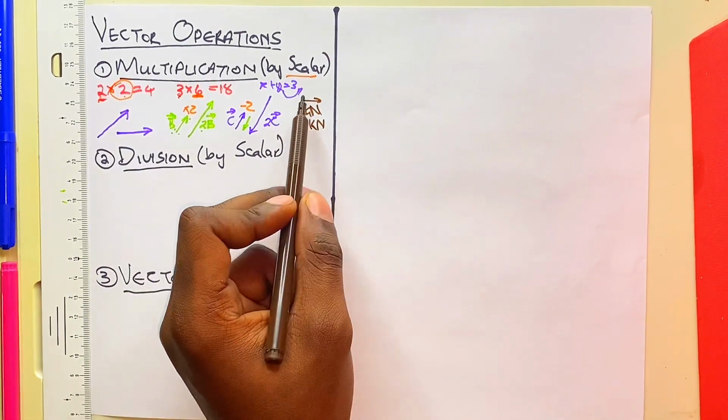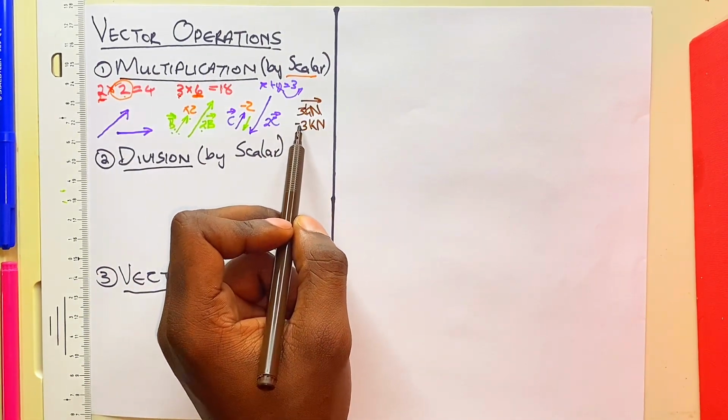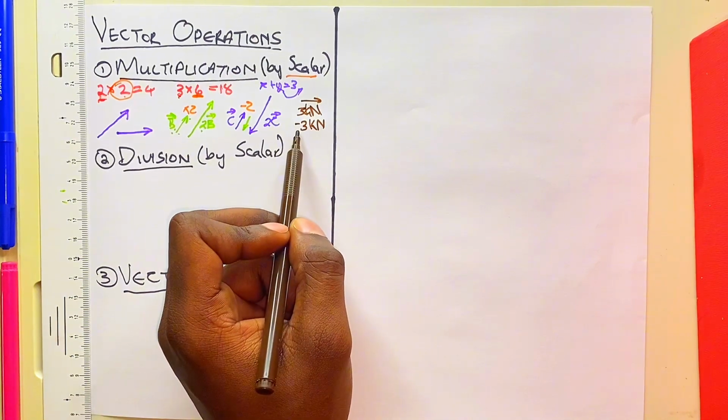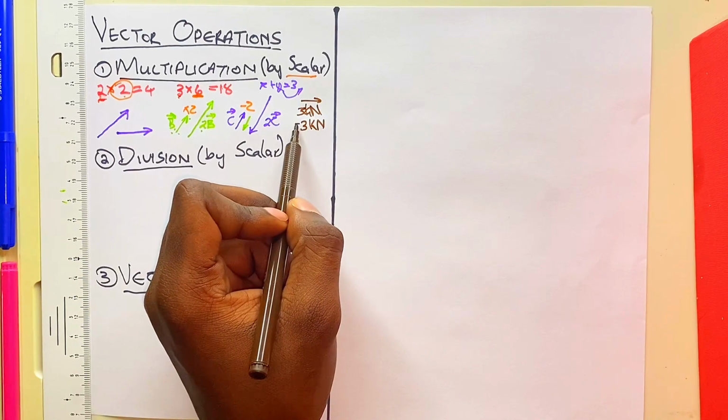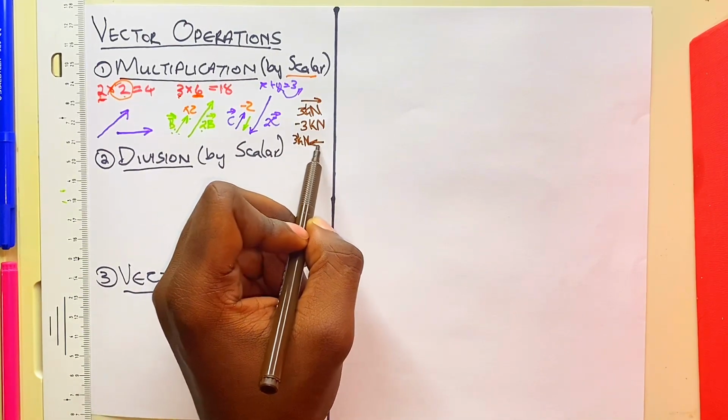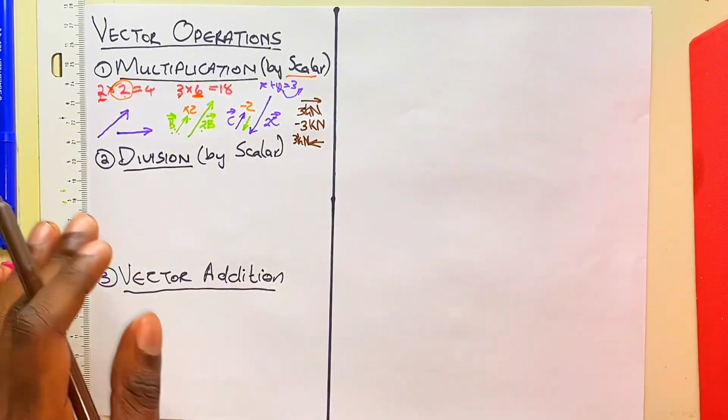We don't even have to write the arrow anymore, because this negative tells us that it is going the opposite direction. Then if you don't want to write the negative, you'll write 3 kilonewtons, but you'll have to show the arrow that it now goes in that direction.